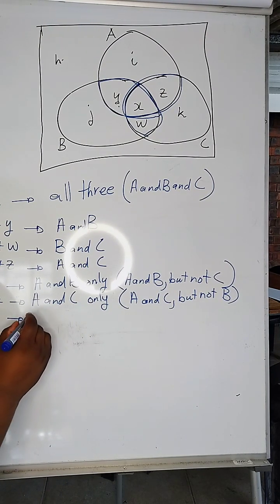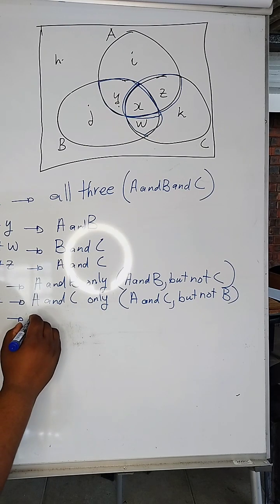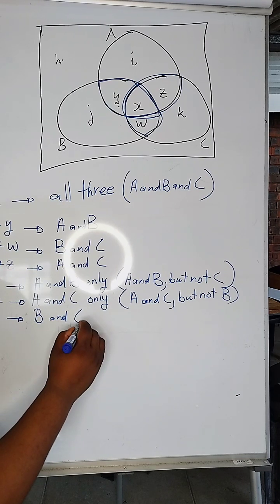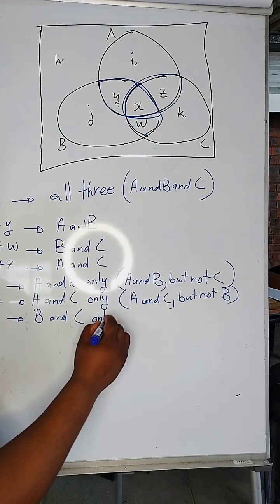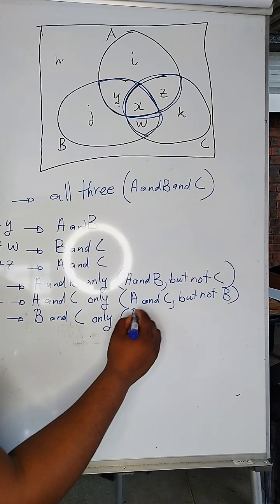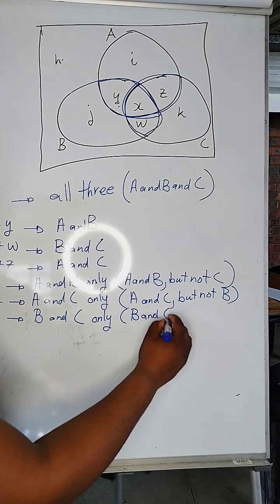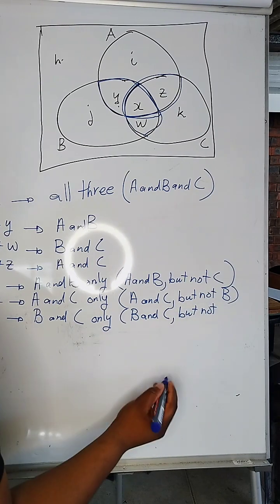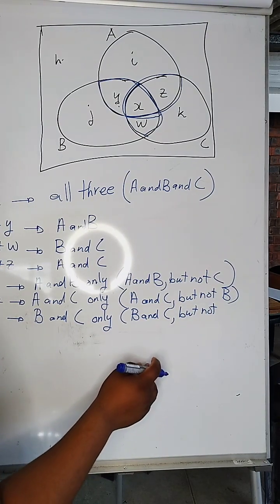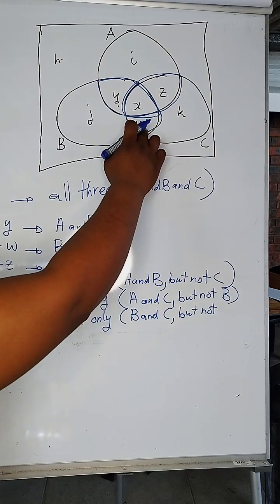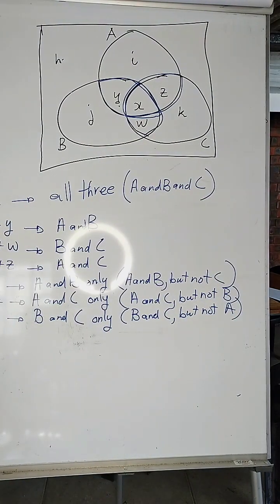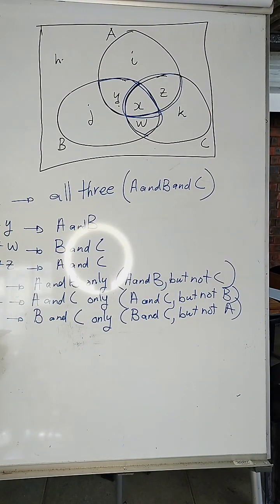W will be given by B and C only, or B and C but not, because we're speaking of W, here is W, but not A. Okay? This is how we find these alphabets, okay?